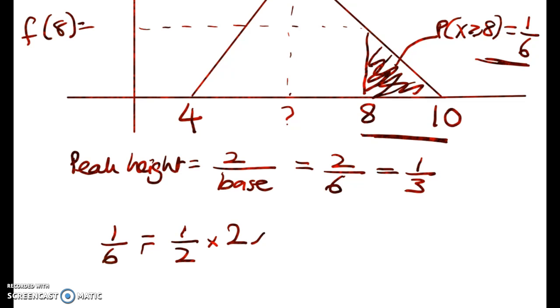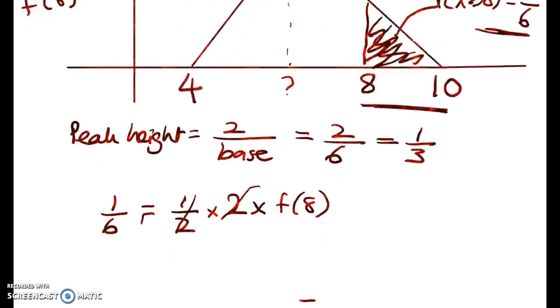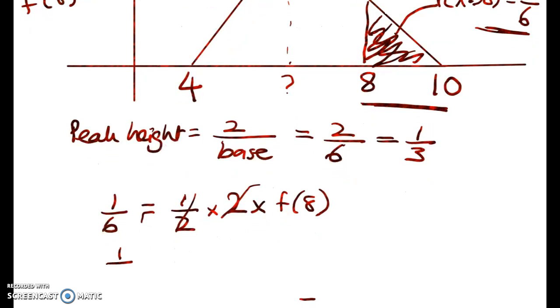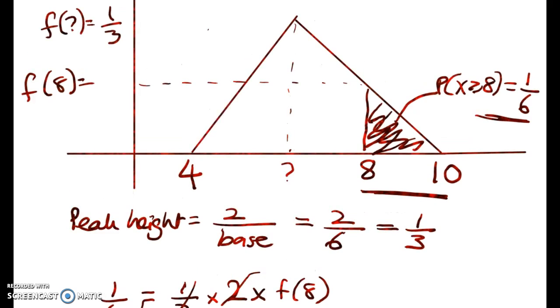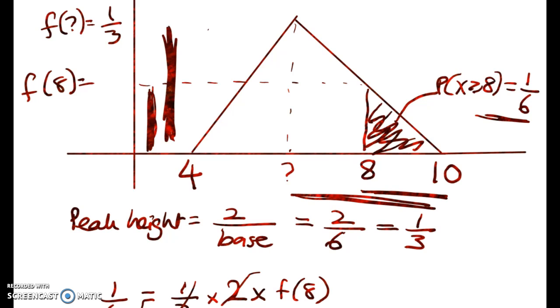So half the base times f of 8. These two things simplify. That leaves me with a useful fact, which is that 1/6 is equal to f of 8. So looking here, we know that the relationship of this to this has got to match the relationship of this to this using similar triangles.